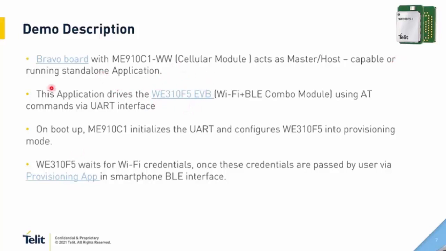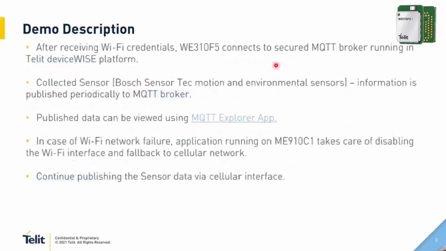Once it has been connected, the Bravo board sees that it is connected to the network, and keeps taking the sensor data periodically, every 5 seconds, and putting that data into the cloud. You can also view this data in an MQTT Explorer, which I will demonstrate in a little while.